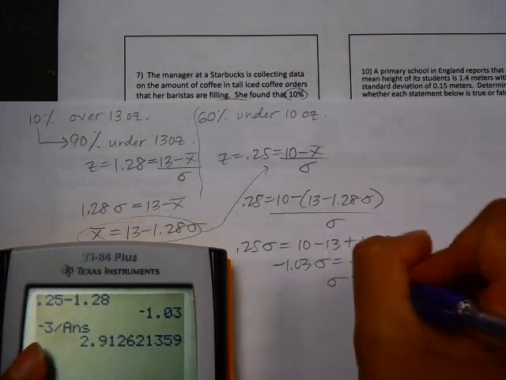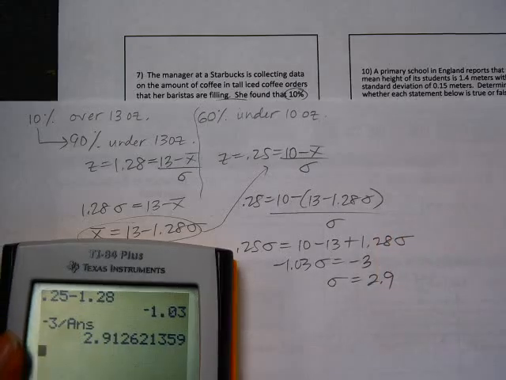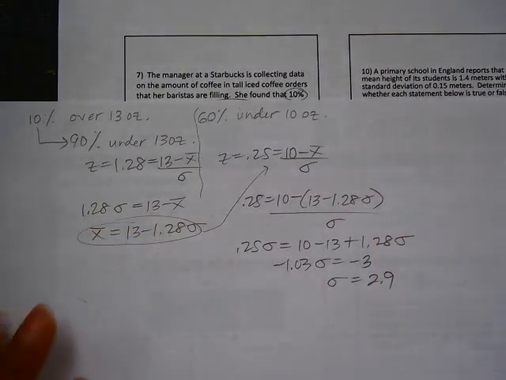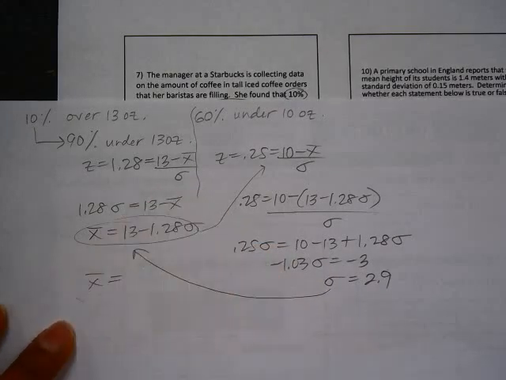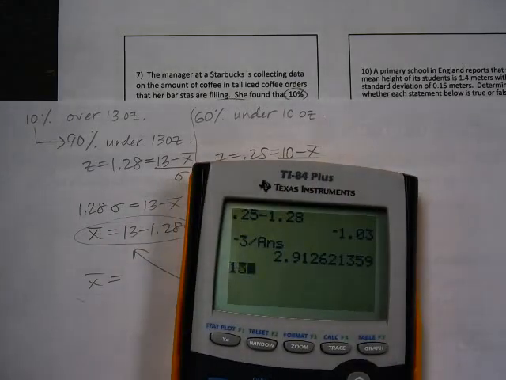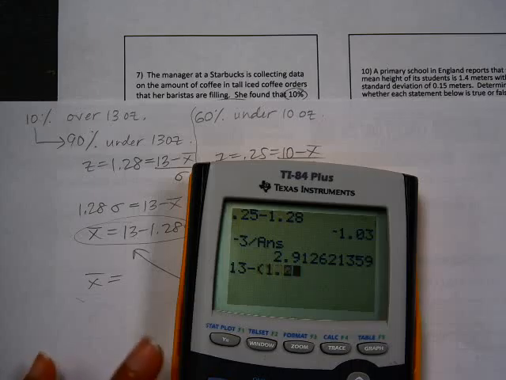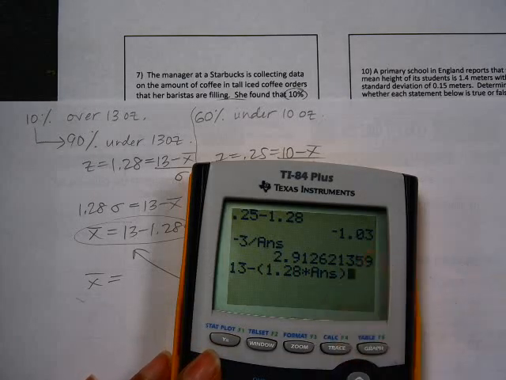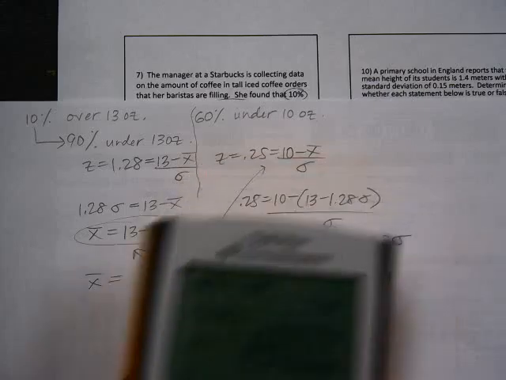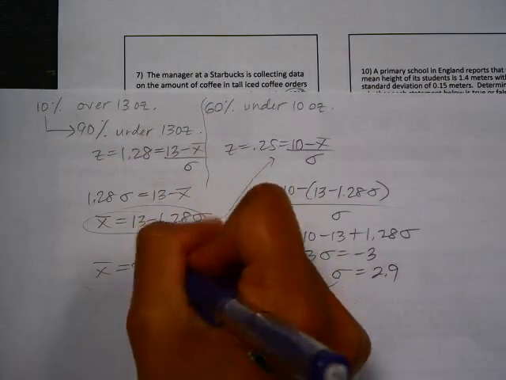The standard deviation is 2.9. So with a standard deviation of 2.9, if I go back to here and find the mean, it would be 13 minus 1.28 times the standard deviation, and you get 9.3 for the mean.